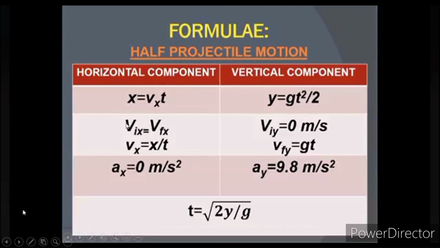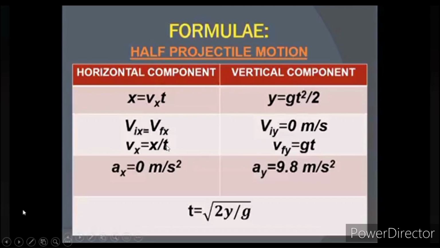Ibig sabihin, kapag ang initial velocity mo dito is 2, dapat ang final velocity mo din is 2 kasi nga equal sila. And if you're looking for the value of the initial velocity, that is always equal to the range divided by time.